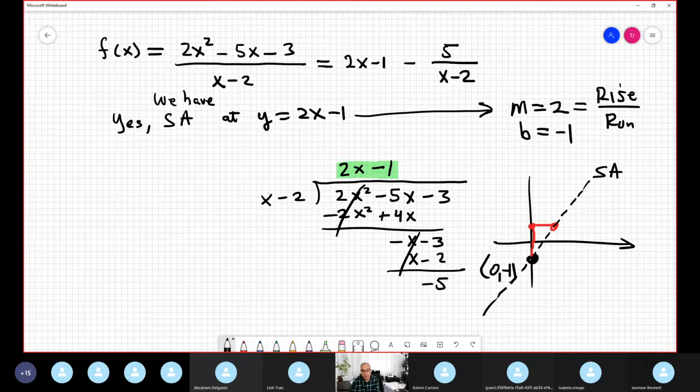By the way, curiosity, do we have a vertical asymptote in this problem or no? Does it exist or not exist? What is the criteria to find the vertical asymptote? It was the first thing we studied. Nobody remembers that?